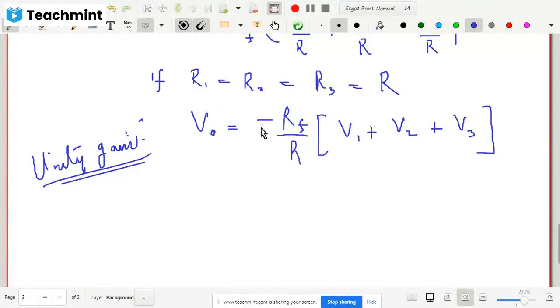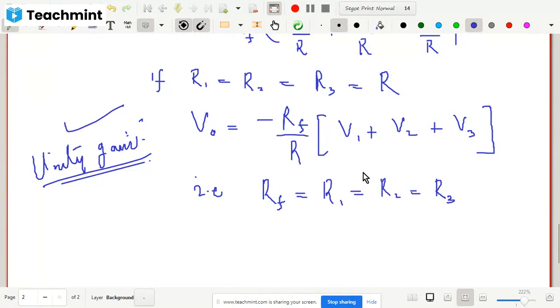Okay. So now let us say that the gain is unity. If the gain is unity, that means I can write that the value of RF should be equal to all these three values. R1 should be equal to R2, and it should be equal to R3. So let us say all these are equal.